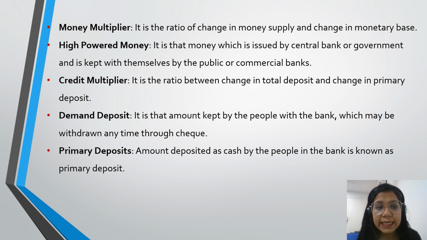So now what is money multiplier? See, money multiplier is the ratio of change in the money supply and change in the monetary base.